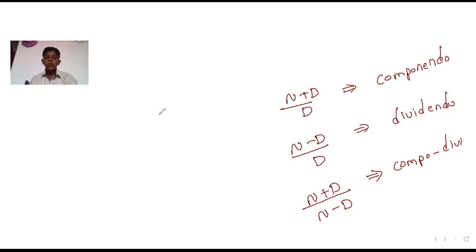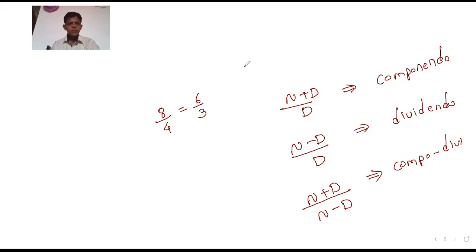One more thing. See, 8 upon 4 is equal to 6 upon 3, am I right? Yes, because 8 upon 4 is 2 upon 1, and 6 upon 3 is 2 upon 1.